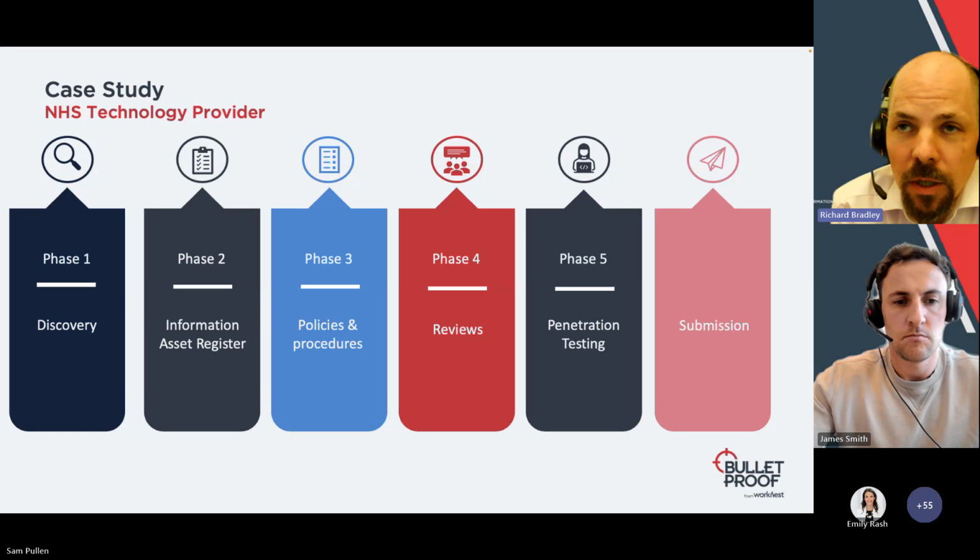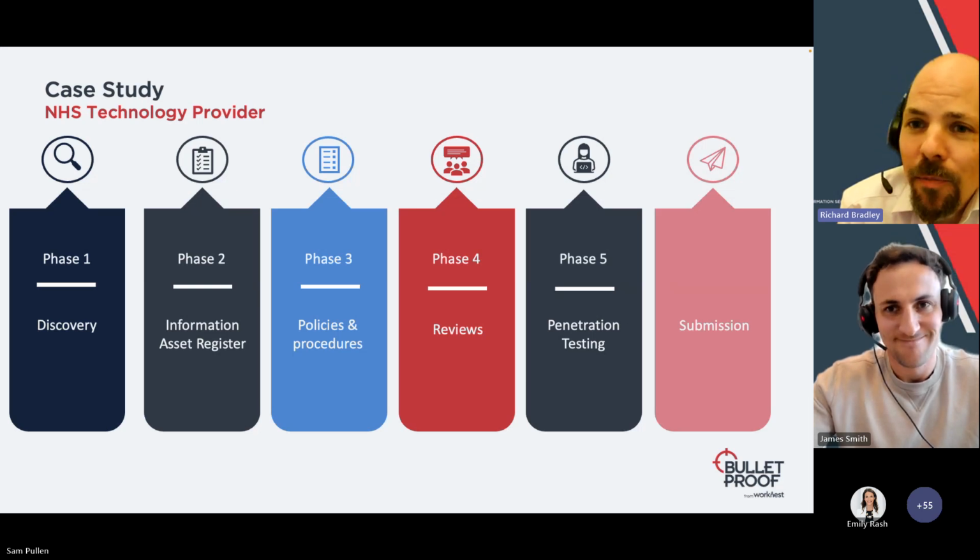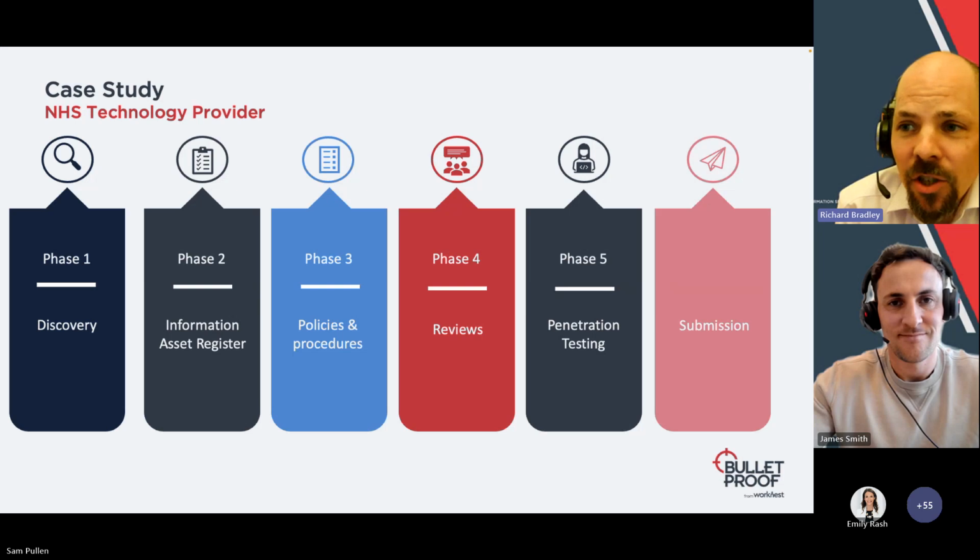So a full suite of policies was required, and there are two main ones that we find a lot are missing. So the first is the National Data Opt-out Policy. So you have to have a policy to comply with that.